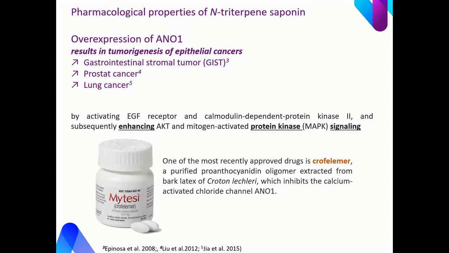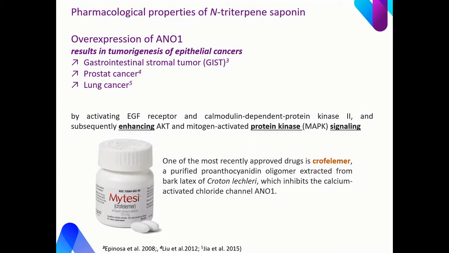If anoctamin 1 is overexpressed in a cell, it results in tumorigenesis of epithelial cancers, for example, gastrointestinal stromal tumor, prostate cancer, and also lung cancer.